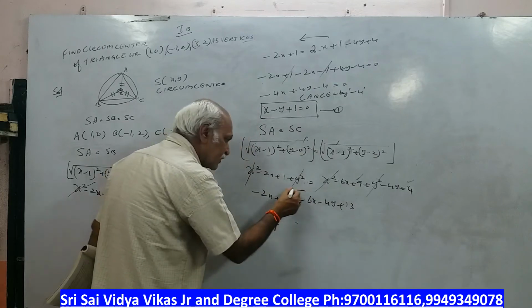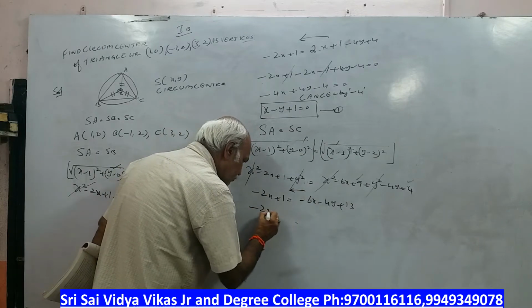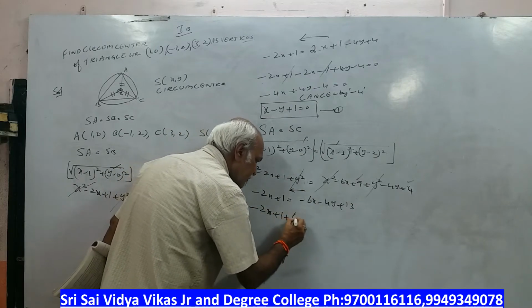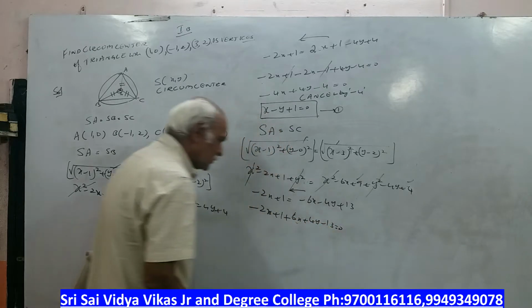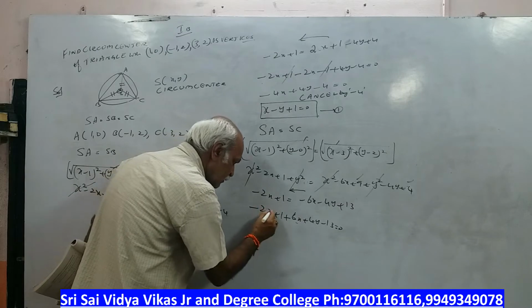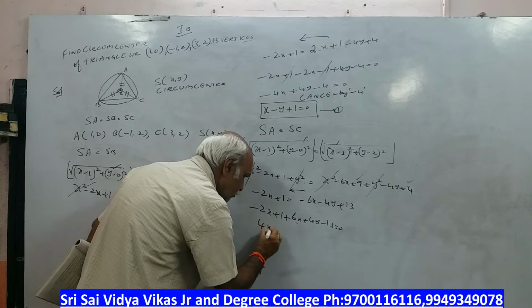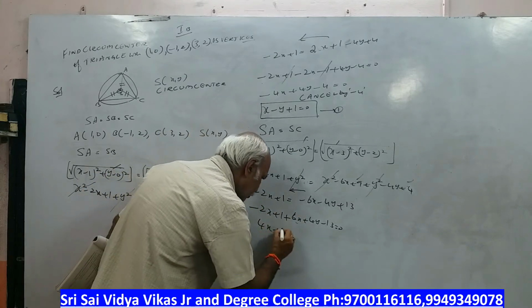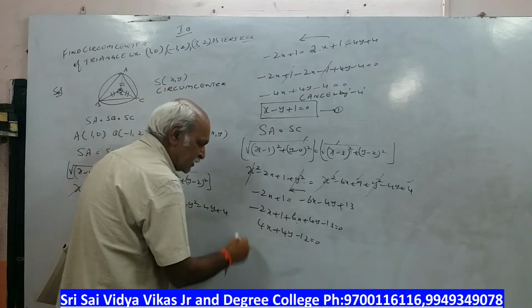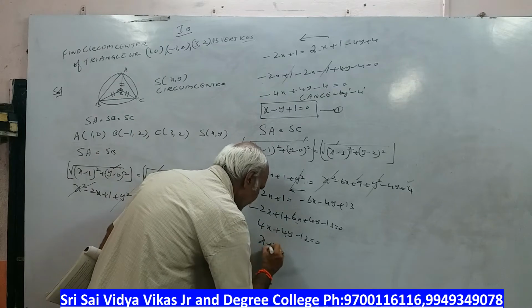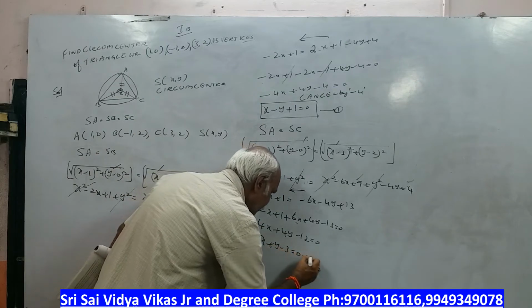Now bring the terms to this side: minus 2x plus 1 plus 6x plus 4y minus 13 is equal to 0. So 6x minus 2x is 4x, plus 4y, minus 12 is equal to 0. Cancel with 4: x plus y minus 3 is equal to 0.